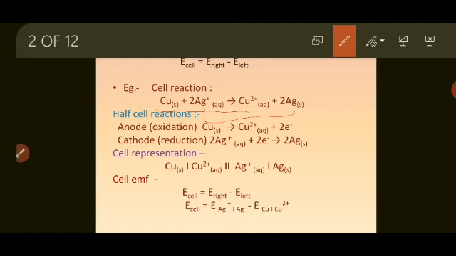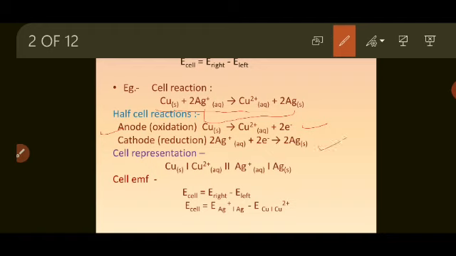As we know that oxidation takes place at the anode, the half cell reaction is given as Cu solid gives Cu2 plus plus 2 electrons. As 2 plus charge is formed on Cu, it loses 2 electrons. Then at the cathode, reduction takes place. So 1 Ag plus accepts 1 electron, hence 2Ag plus accepts 2 electrons, forming 2Ag solid.